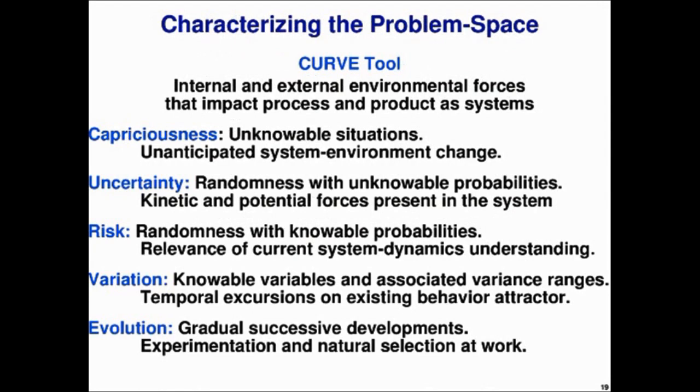It's a heuristic tool for characterizing the environment your system engineering process is going to have to operate in, and or the environment the product you are producing is going to have to operate in. And it's got 5 elements that we have found very useful. Capriciousness is basically unpredictability. But we wanted something that started with a C, so we could call this the curve tool.